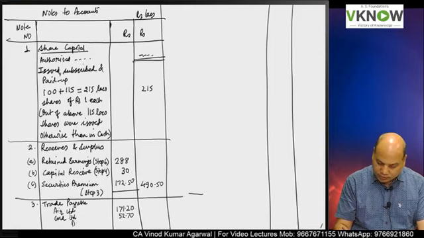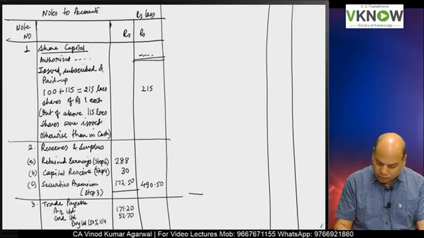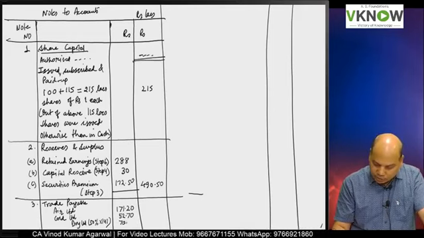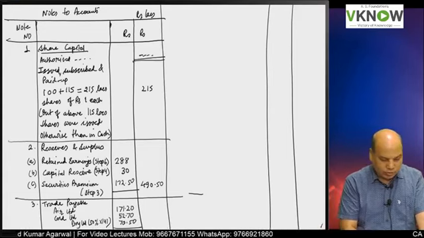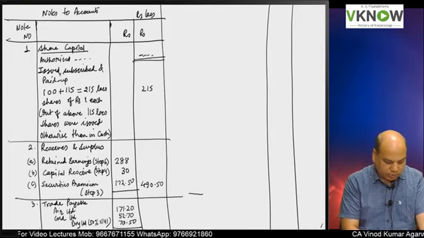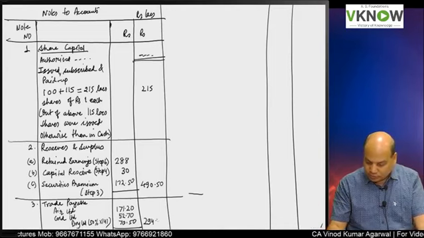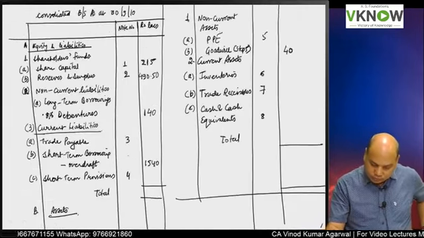And Dry Limited, we will only add 50% of 141, that is 70.5. Dry Limited proportionate consolidation. So you will take the total 171.20 plus 52.70 plus 70.50. So that comes to 294.40.